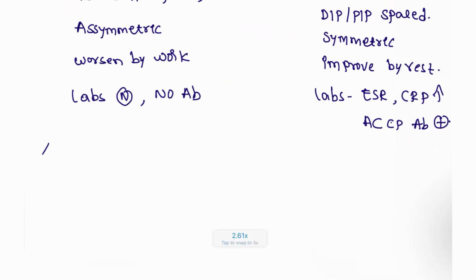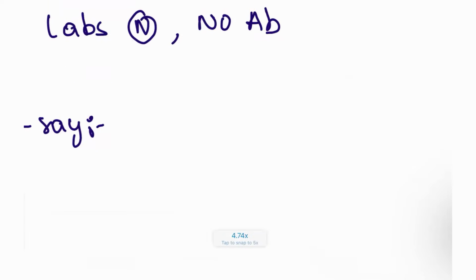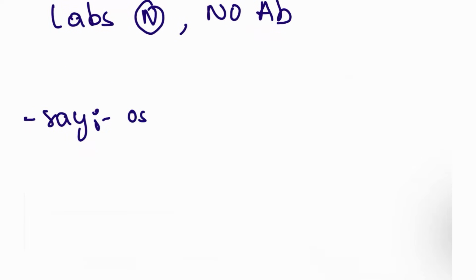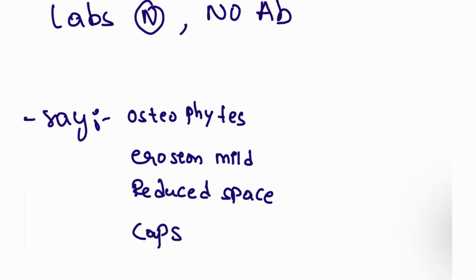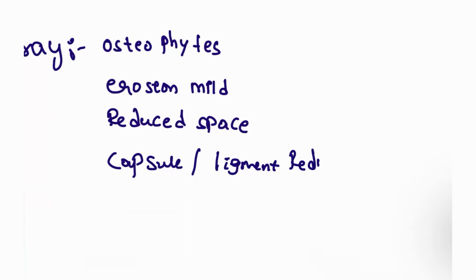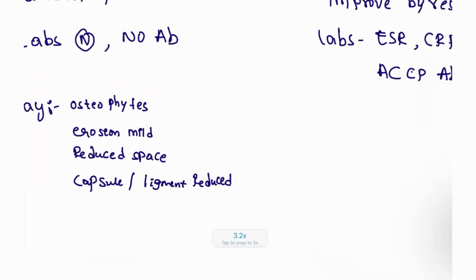On the X-ray, the changes of osteoarthritis are that you are going to see osteophytes and also mild erosions and reduced joint space. And the capsule, whatever capsule or ligament is present, will be reduced in the osteoarthritis patient.